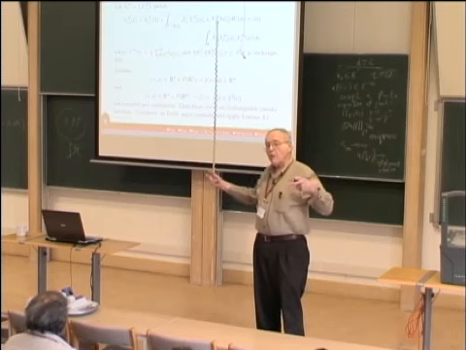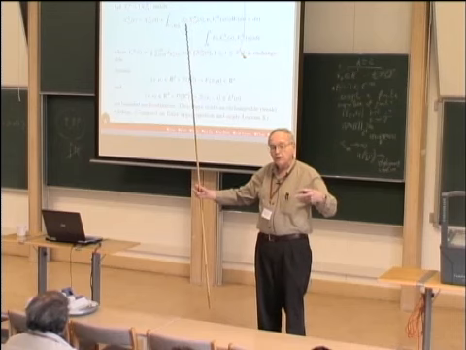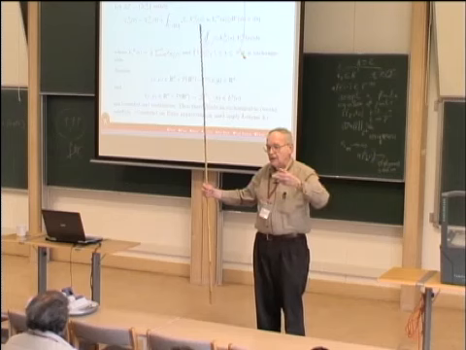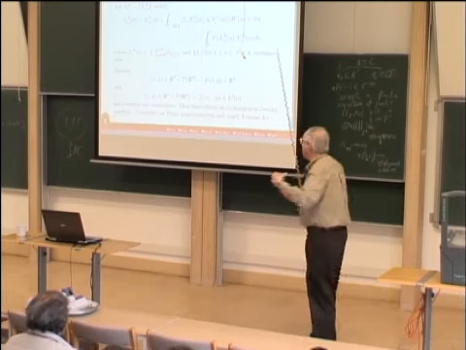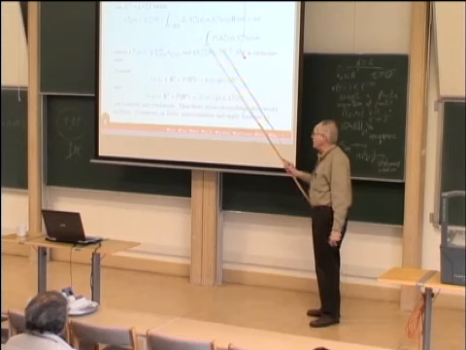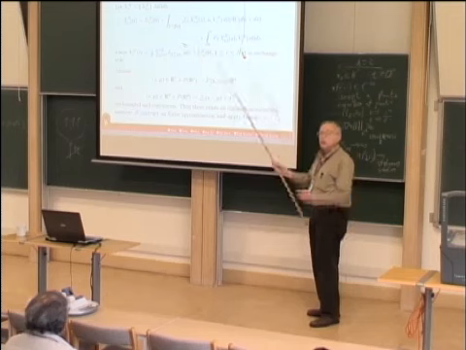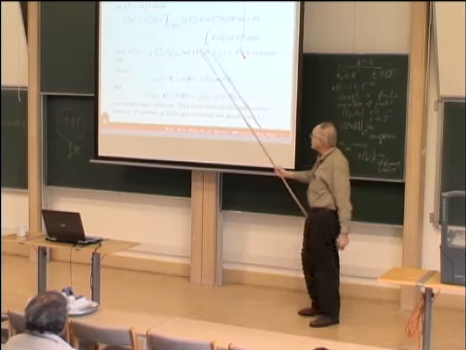And then since all my processes are continuous, in this case, I'm going to have relative compactness in the space C([0,∞), R^∞). In any case, I know I can pick out a convergent subsequence for the whole sequence of processes.